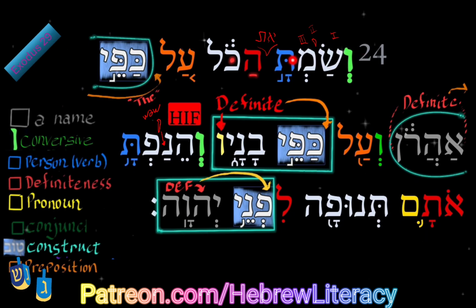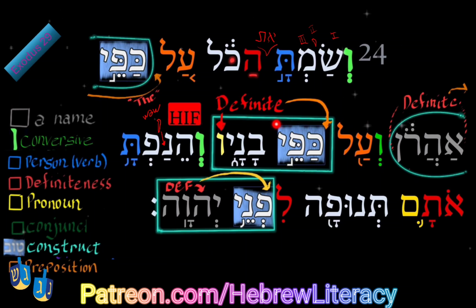Okay, I'll just read it one more time, and then maybe we can squeeze in one more verse. Vesamto, and shall place you hakol. We would have expected et hakol, but what can we do? The kol, kaf lamed, all of it, al upon kafei Aharon. So that's definite, the kafei, the palm areas of Aaron. Ve'al, and upon kafei banaiv.